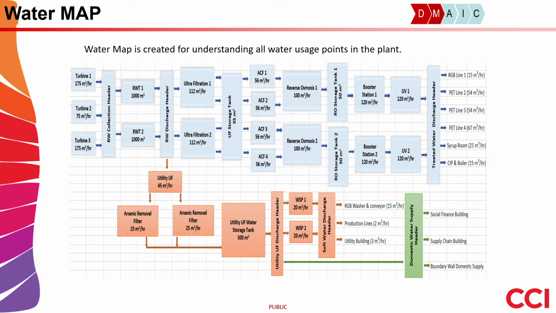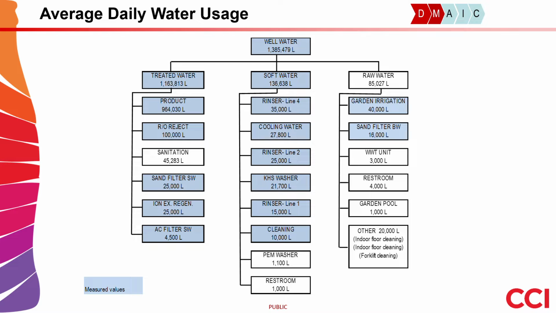So this is the complete process map of the water section in a beverage factory, showing how water is taken out from the ground, processed, treated, and given to the relevant production areas.